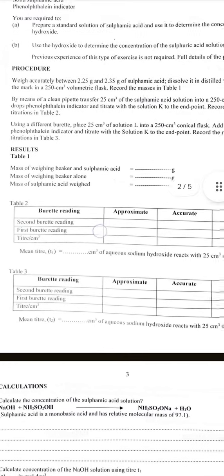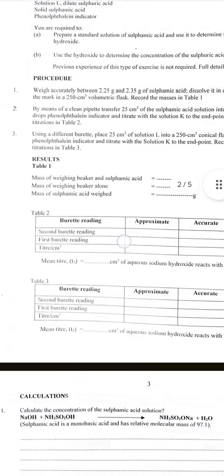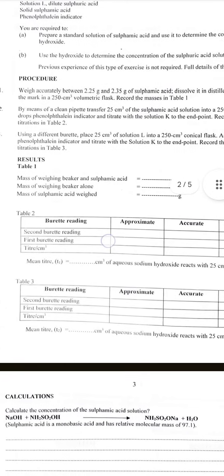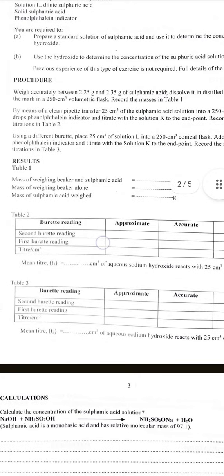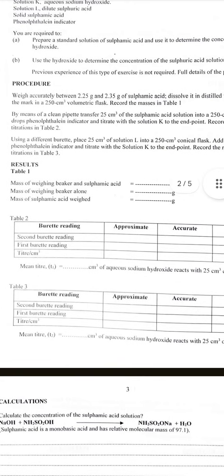Okay. Now, still in the first procedure, you're actually preparing a standard solution of sulfamic acid. What was given to you was solid sulfamic acid. So the sulfamic acid given to you is in a film cup, right? You pour water into the film cup and use a stirrer to stir it so that it dissolves.